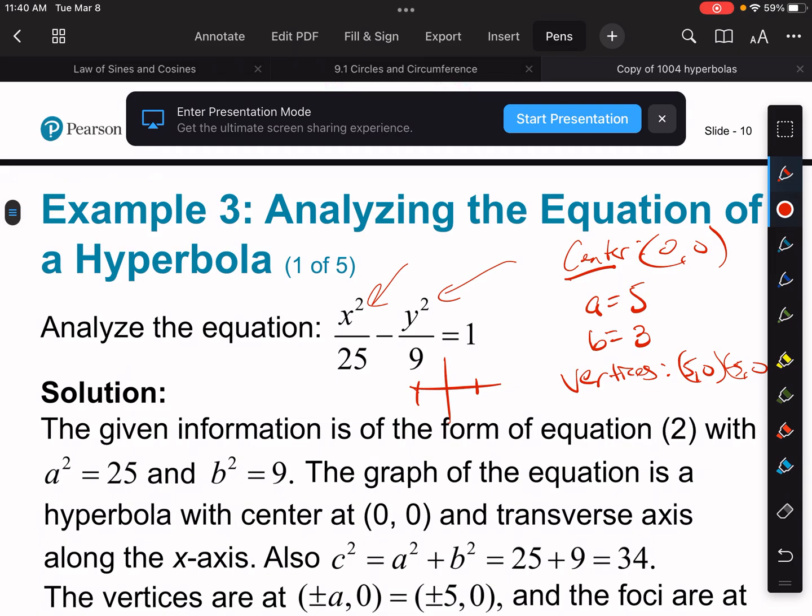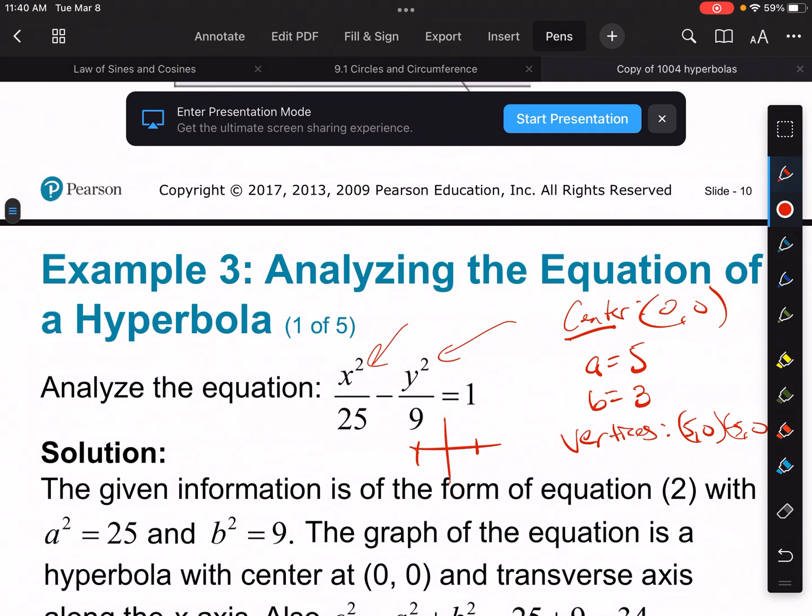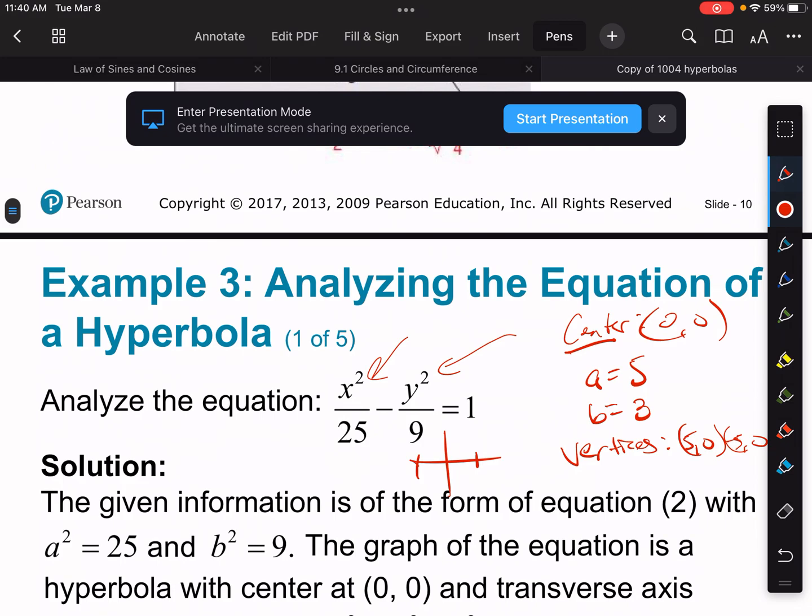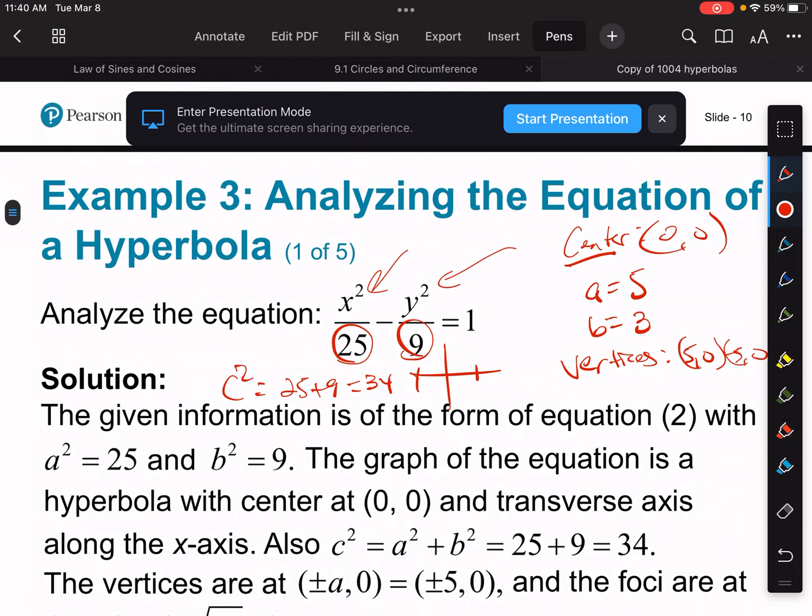So to do that, it's just going to be a squared plus b squared, which we already know. We already know a squared and b squared. Okay, a squared is here, b squared is here. So c squared is equal to 25 plus 9, which is equal to 34. So the foci are going to be at a distance of square root of 34 from center.